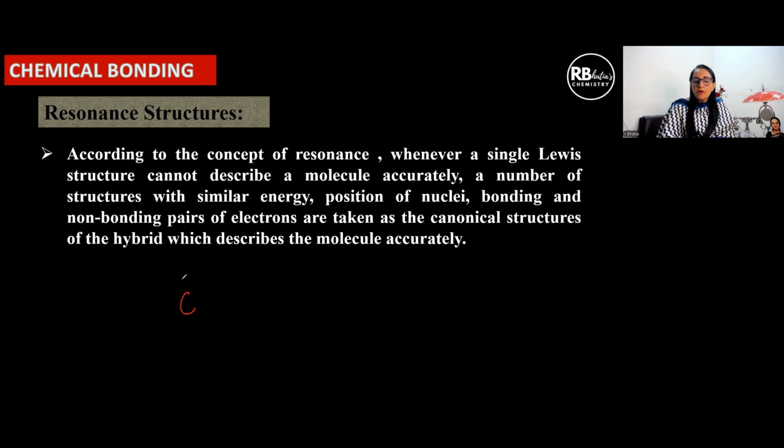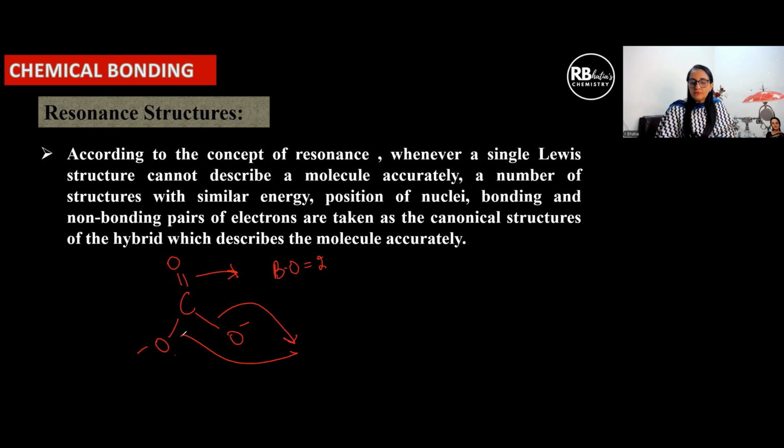If I look at, let us say, a carbonate ion, we learned in the previous video how to draw the Lewis-Kossel structure and understand the bond parameters of carbonate ion. This is a structure of carbonate ion according to which this C double bond O should have bond order 2, and both this and this should have bond order 1.